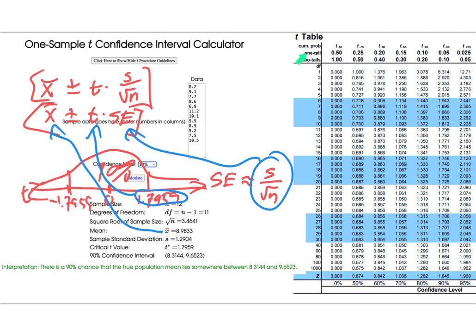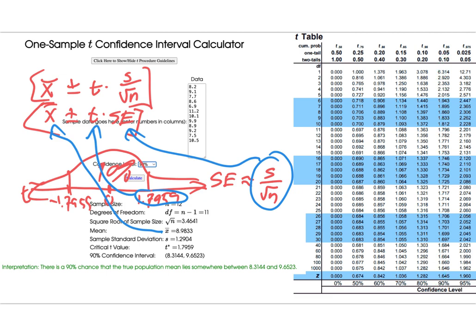So one tail is 5%, but the two tails together is 10%, which corresponds with the same column as 90%. So that's the column I'm looking at.